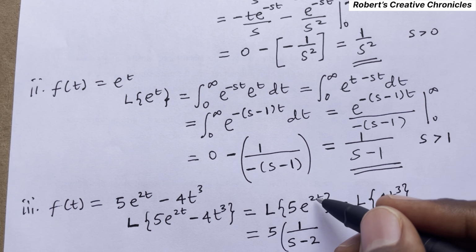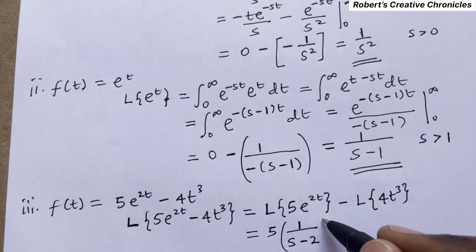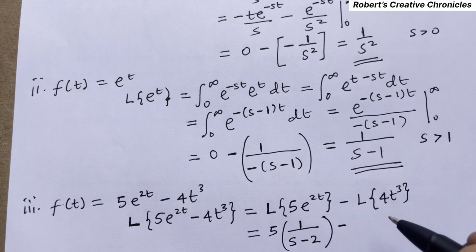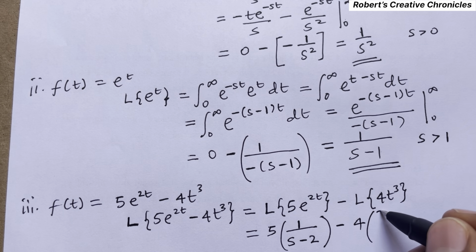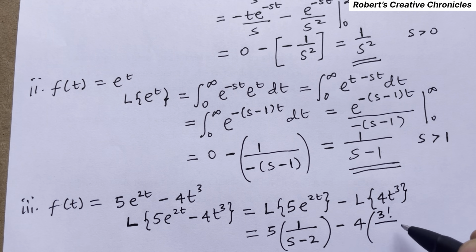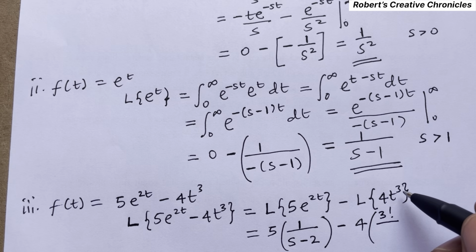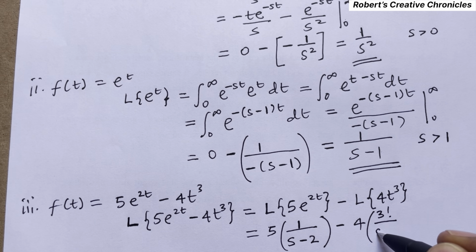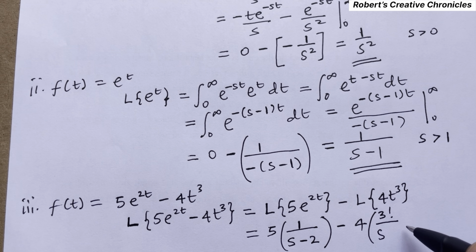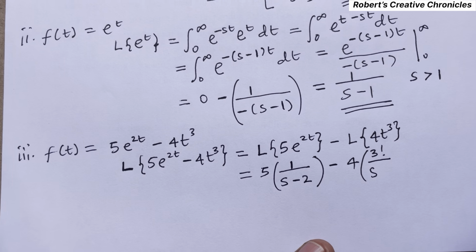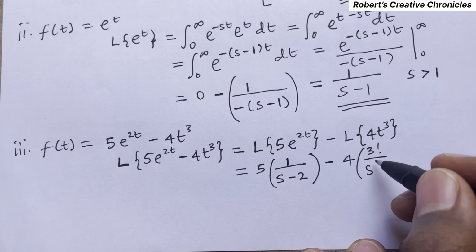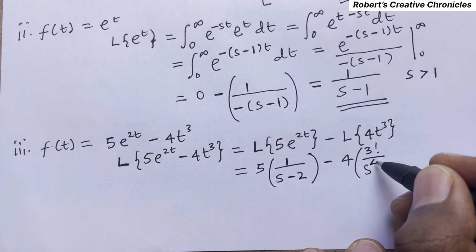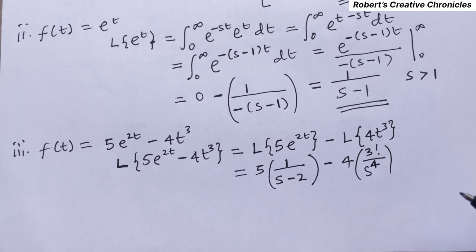But since it's 2 here, it will be 1 over s minus 2. Then here, the Laplace transform of t cubed is given as 3 factorial over s^(n+1). And n is 3, so it's 3 plus 1, which is 4. So s is to the power 4.